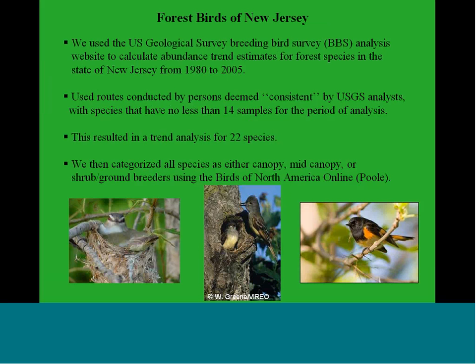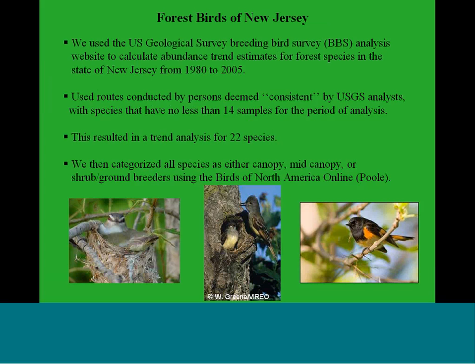Next slide. What we did is that we used USGS breeding bird surveys to calculate abundance trend estimates for forest species in New Jersey from 1980 to 2005. We used only routes that were deemed consistent by the USGS analysts, and we only included species that had at least 14 samples for the period of the analysis.